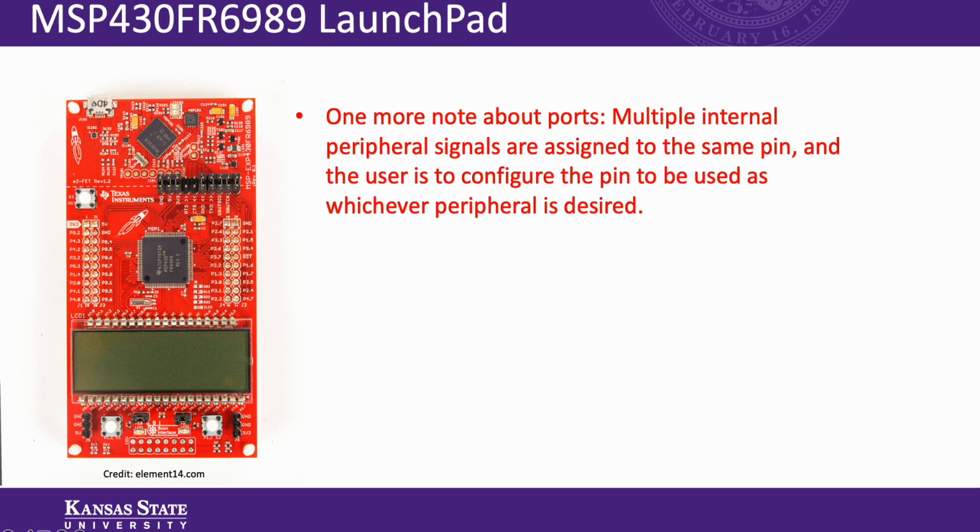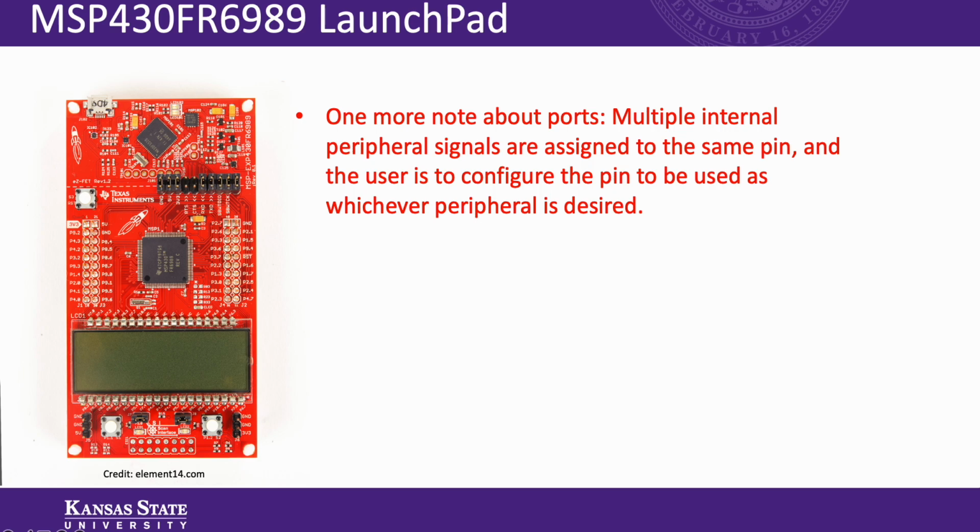Now, it would be impractical to have a dedicated pin for each and every peripheral signal, as too many pins would be needed on the package, right? Simultaneously, not all applications require every peripheral signal at the same time. So to reduce cost, multiple internal peripheral signals are assigned to the same pin, and then the user configures the pin to be used as whichever peripheral is desired.